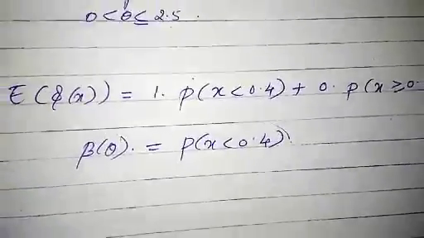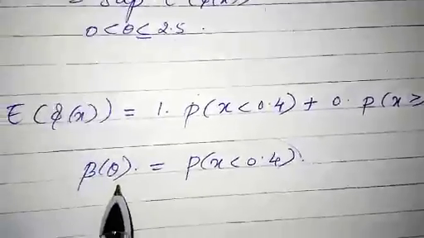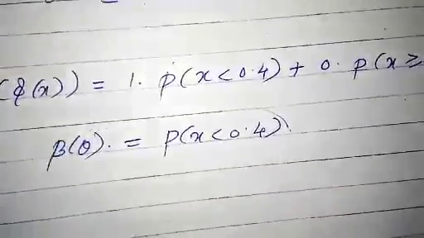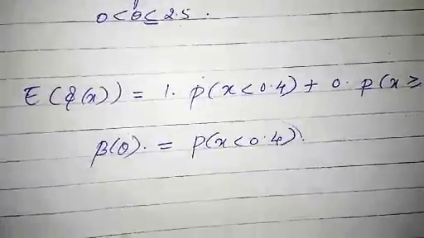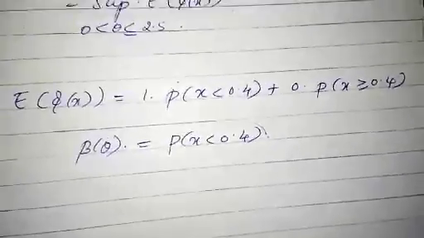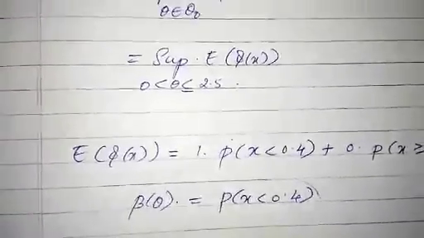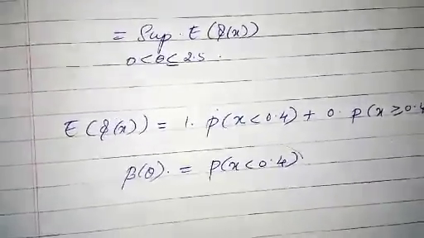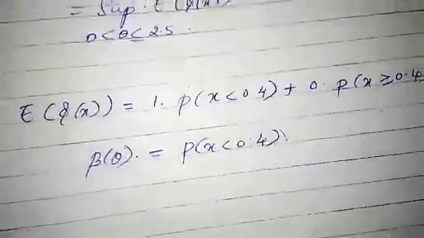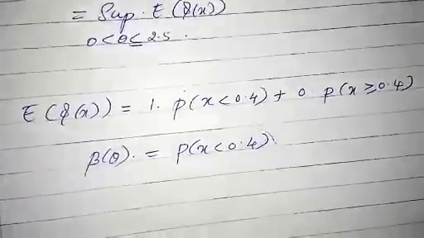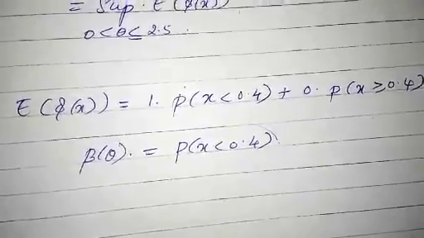First we have to know whether beta of theta is an increasing or decreasing function of theta. Then we will decide for which value beta of theta attains the supremum. For that, first we have to find whether beta of theta is increasing or decreasing.